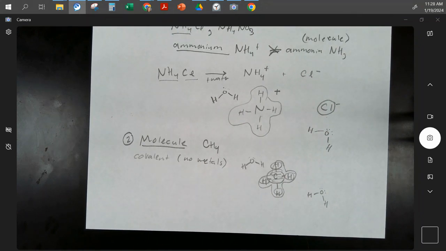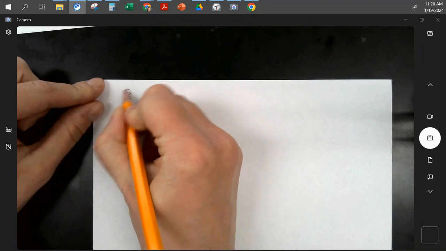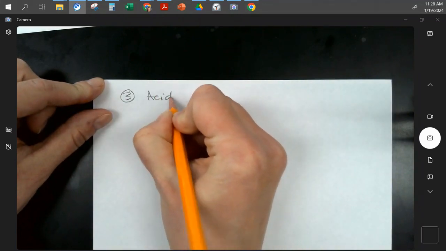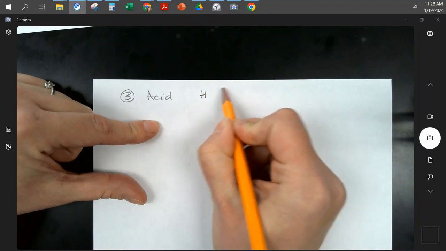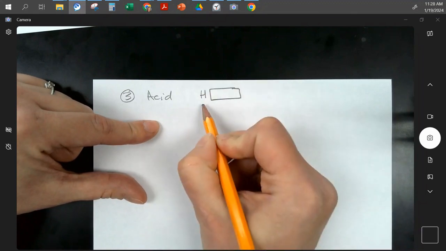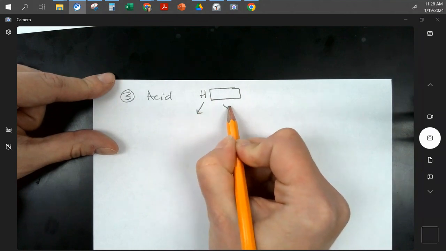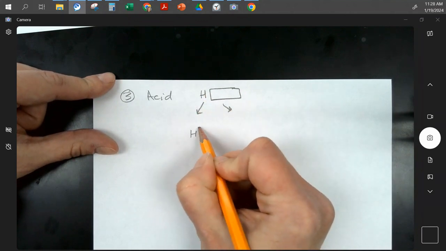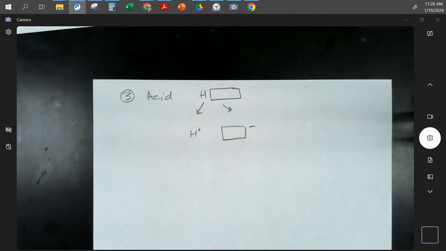I have it. Okay, so the other option is an acid. With an acid, we are going to look for a hydrogen in front of our formula. And what happens is the hydrogen is going to break apart from the other piece of the formula.